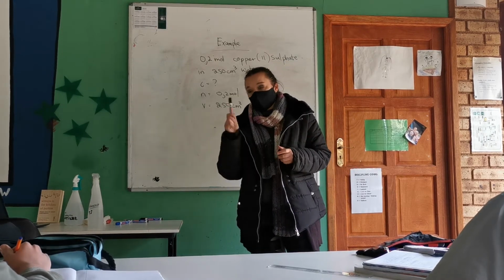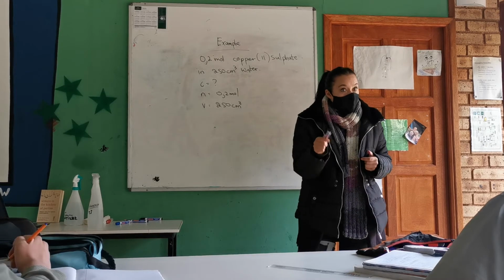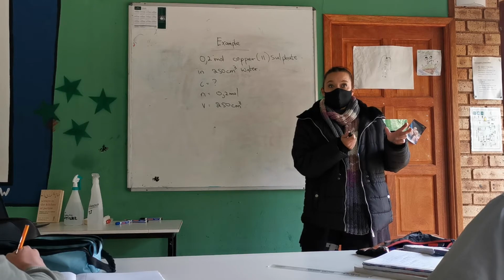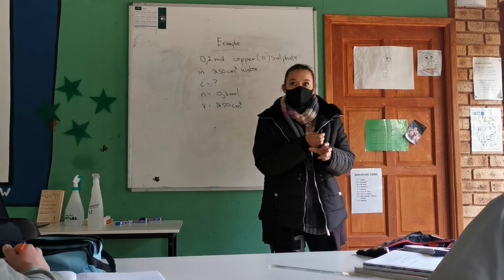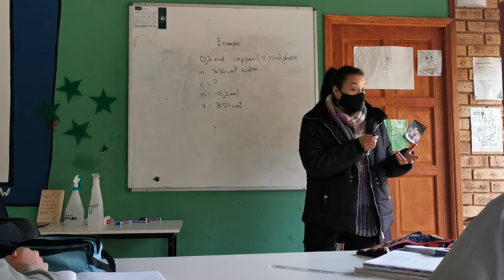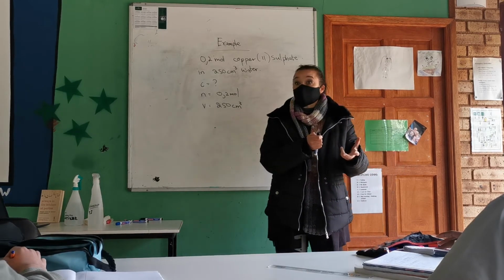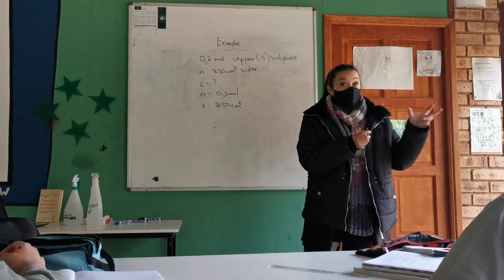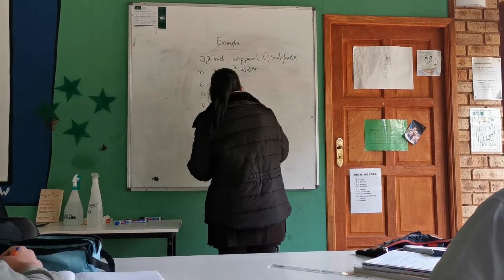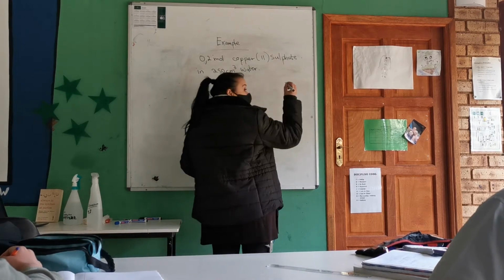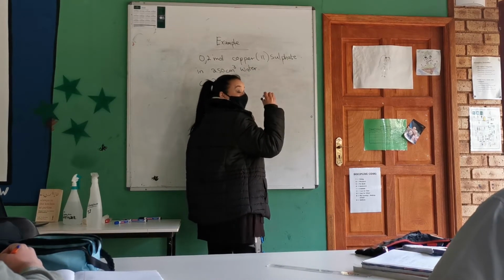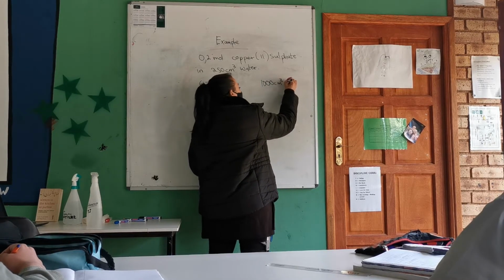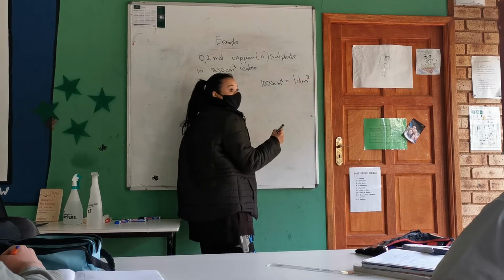Which means, if I have my 250 centimeters cubed, the question is, how do I convert that to decimeters cubed? Well, right at the beginning of the lesson, we spoke about the fact that if there was a 10 difference between the two units, if I scale that up to a volume measurement, then it becomes 1,000 difference. Do you remember that? We went from centimeters to millimeters, and the difference there in terms of the unit was 1,000. Okay? So, what you need to realize is that 1,000 centimeters cubed is the same as 1 decimeter cubed.